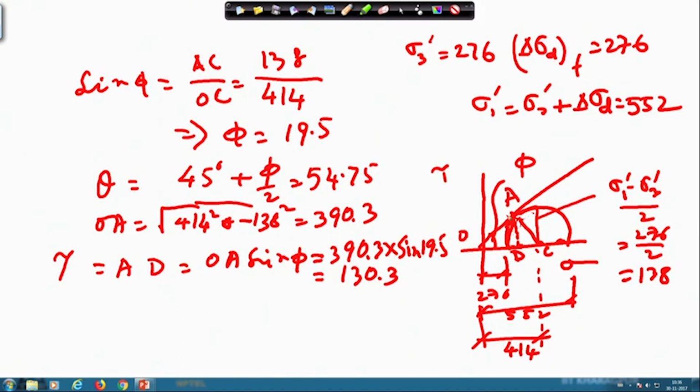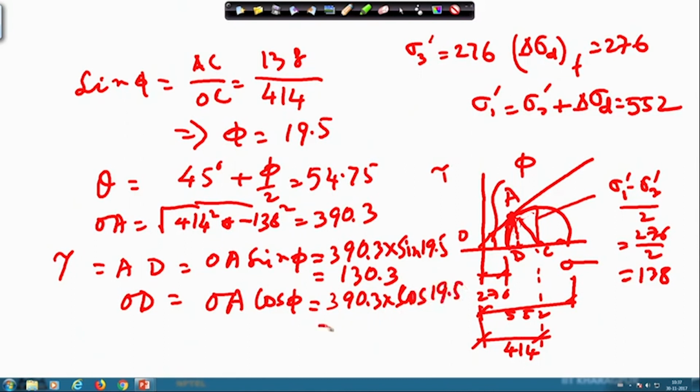Similarly, this is actually AD. Now, at this point what is the normal stress? This is OD. So, similarly I can write OD equal to OA cos phi, which is nothing but again 390.3 multiplied by cos 19.5, and that gives you a value equal to 367.9.